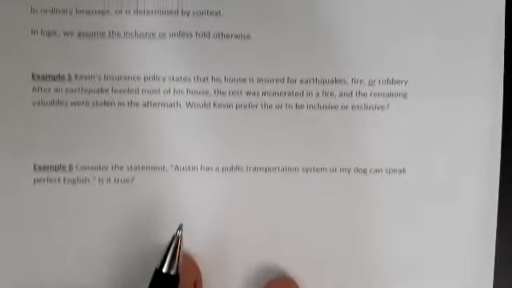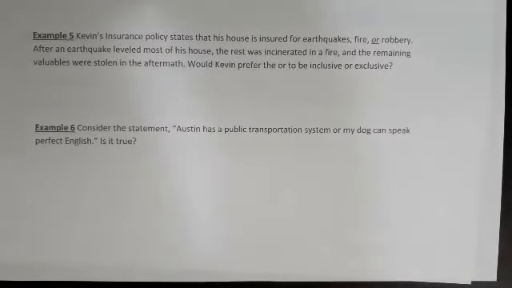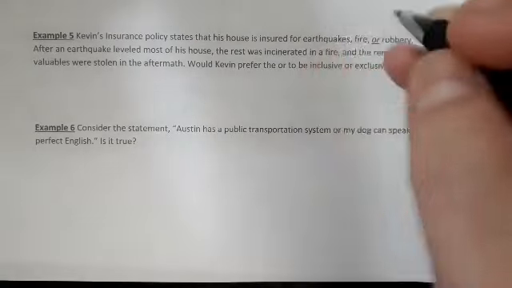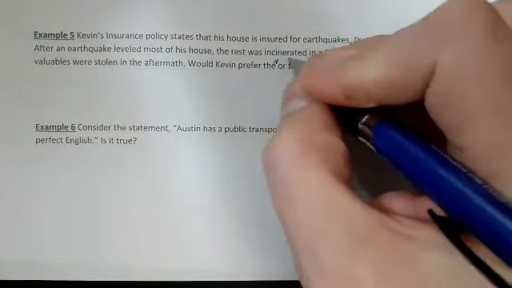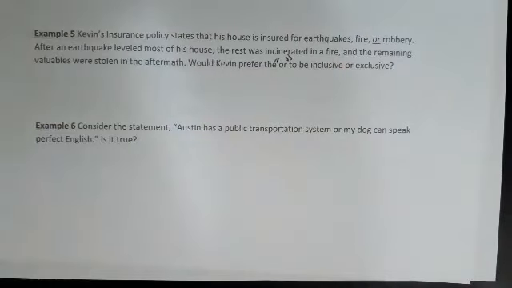Example 5. Now we're going to talk about inclusive and exclusive a little bit. Kevin's insurance policy states that his house is insured for earthquakes, fire, or robbery. After an earthquake leveled most of his house, the rest was incinerated in a fire, and the remaining valuables were stolen in the aftermath. Would Kevin prefer the or to be inclusive or exclusive?